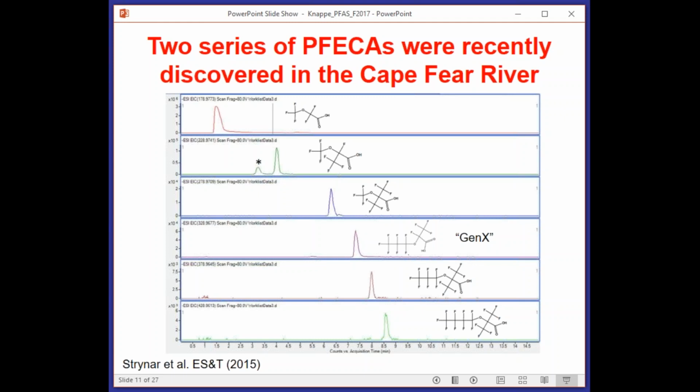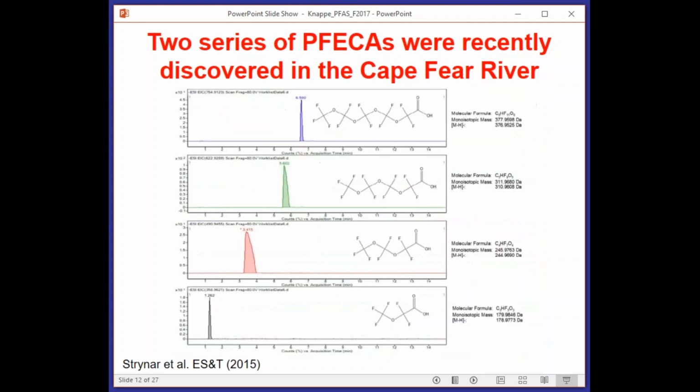And since the phase out of PFOA, GenX has been that replacement surfactant, and that structure is shown here. Some of these other ethers occur with GenX in this particular river, and we think these are byproducts of a manufacturing process rather than a commercial product.